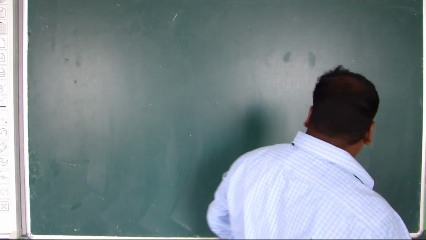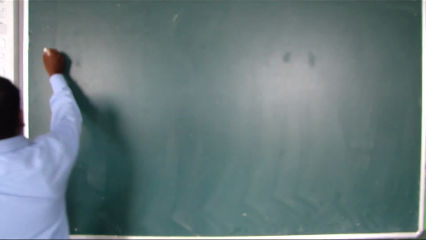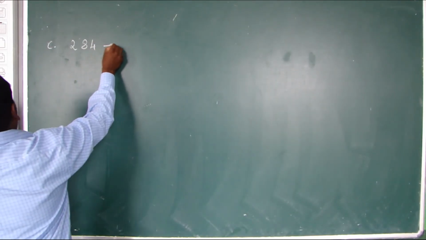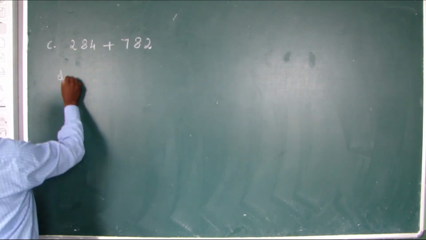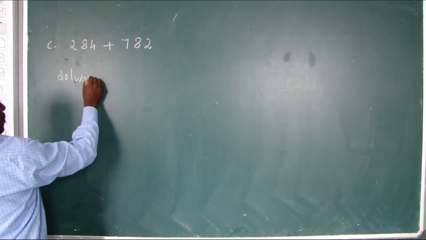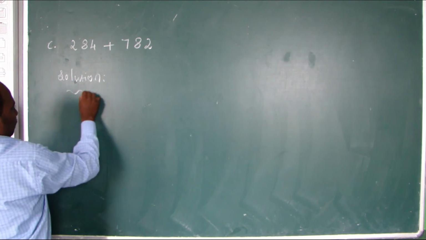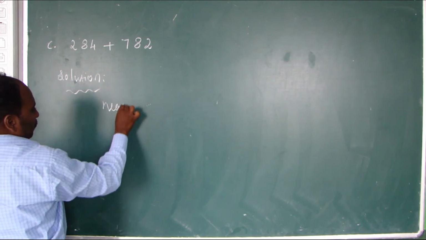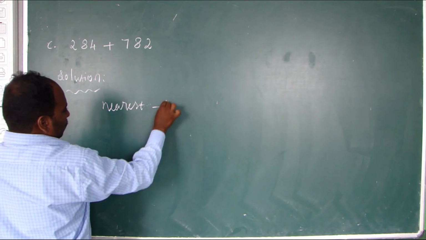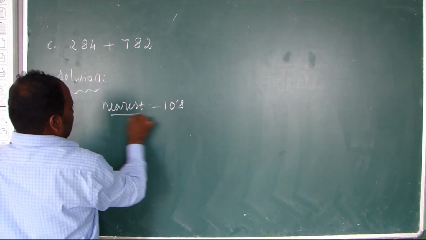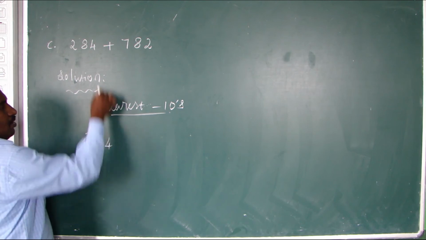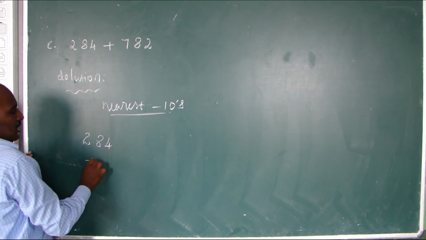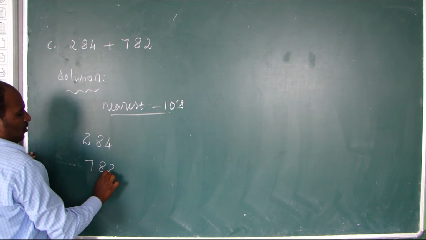Next is C part. We want the nearest 10. 284 is the first number, 782 is the second number.